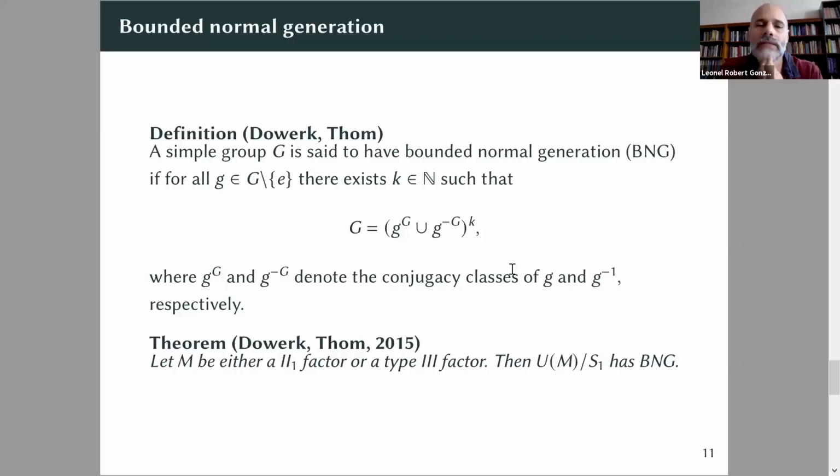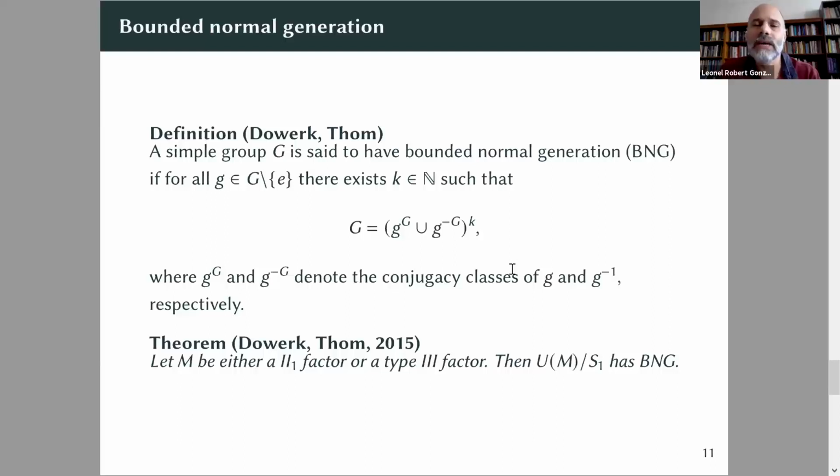The work on factors was done by Dowerk and Thom. Basically, they show that if we have one of these simple factors, type II_1 or type III factor, then we don't have to talk about connected component of the identity, we don't have to talk about commutators, just directly the unitary group modulo S^1, by which I mean the center, has bounded normal generation.